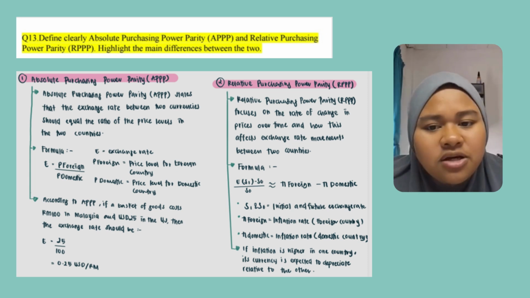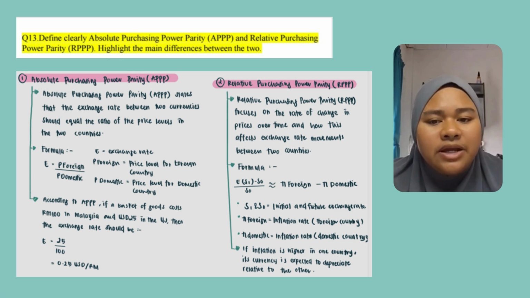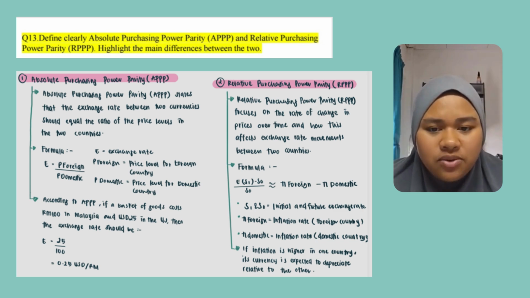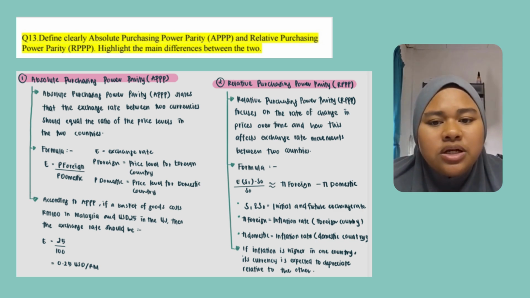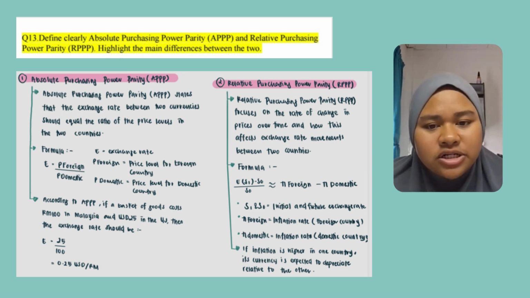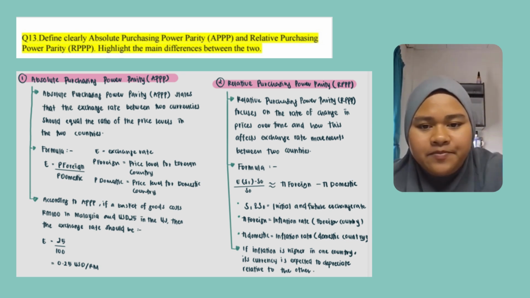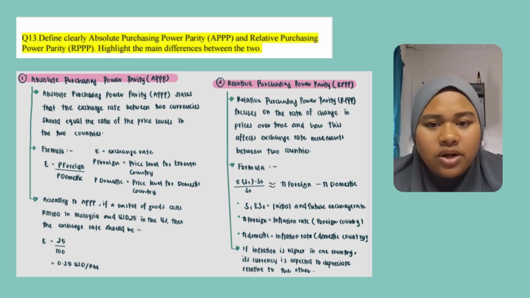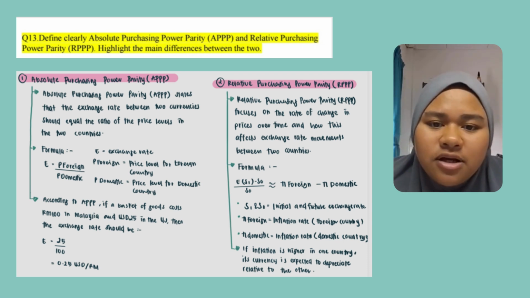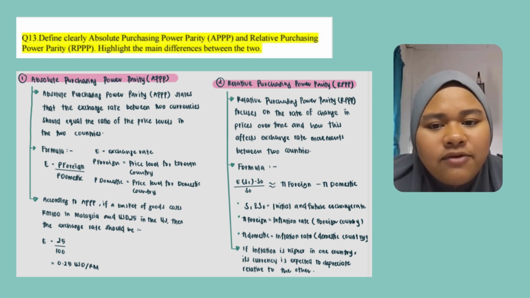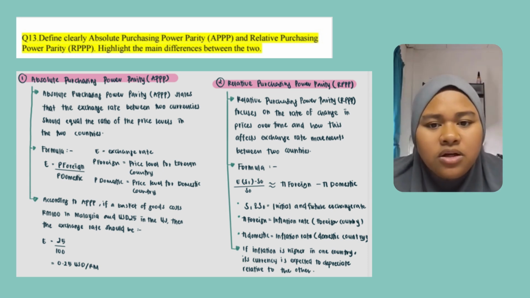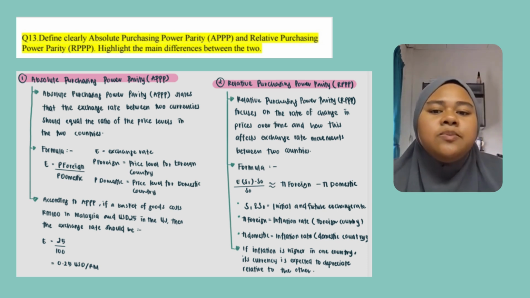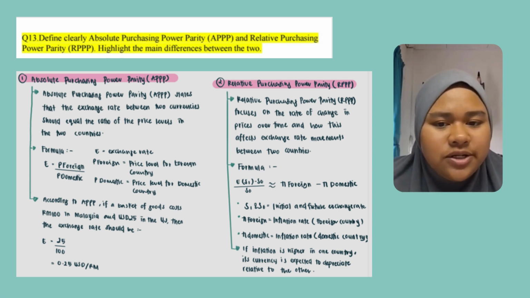So the formula is (S1 minus S0) over S0 equals pi foreign minus pi domestic, where S1 and S0 are the future and initial exchange rates, pi foreign is the inflation rate for the foreign country, and pi domestic is the inflation rate for the domestic country.